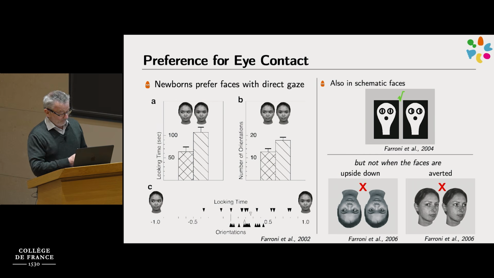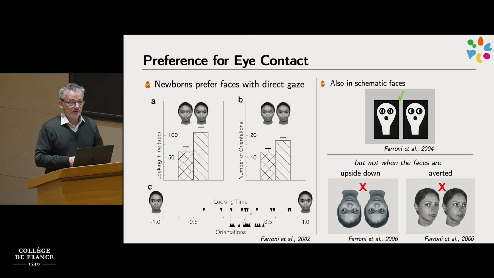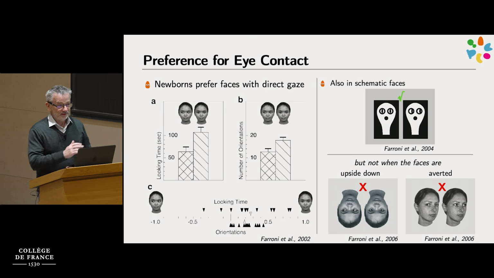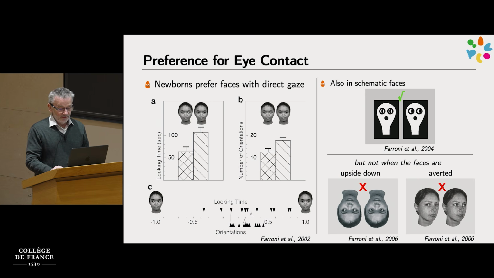Also, they don't prefer to see direct gaze stimuli when the heads are turned away, at least not as newborns, but by 4 months of age they have already learned this, and it was again the same effect, that they prefer to look at the direct gaze even if the head is turned away.